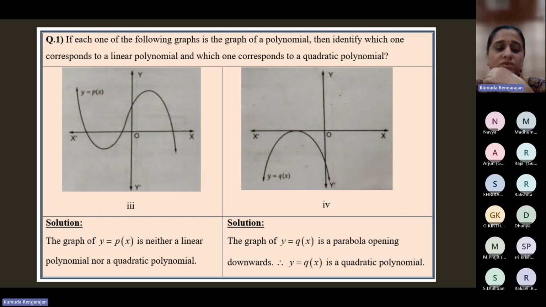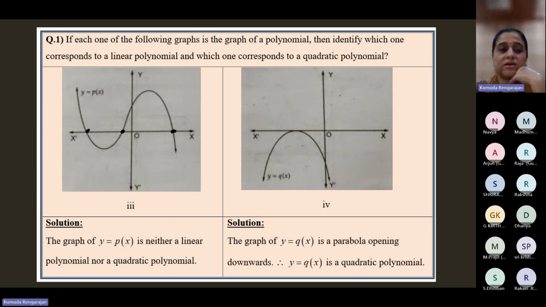So what you see now, the first one is neither linear nor quadratic, because the graph cuts the x-axis at 3 distinct points. So this one is a graph of a cubic polynomial. You can see that the graph cuts the x-axis, not y-axis.